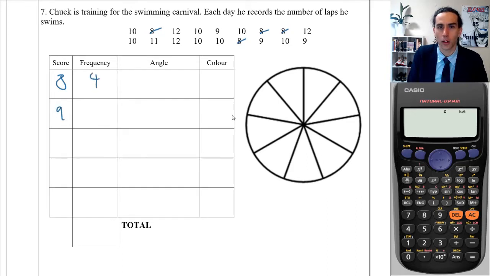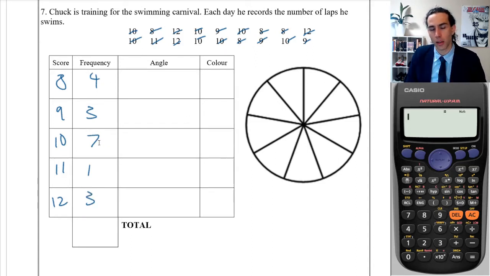How many 9s we got? 1, 2, 3 of them. 10, heaps. 1, 2, 3, 4, 5, 6, 7. 11s. 1. 12s. This is the number of laps he's done. He's recorded them. Check the frequency. 4 plus 3, 7 plus 7, 14 plus 3, 17, 18. Just double check. 1, 2, 3, 4, 5, 6, 7, 8, 9 columns times by 2, 18.